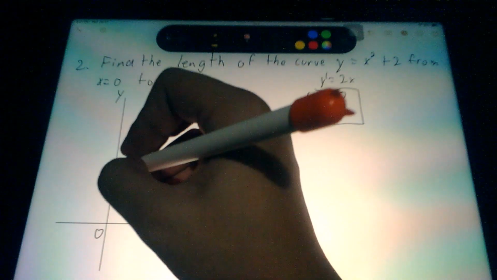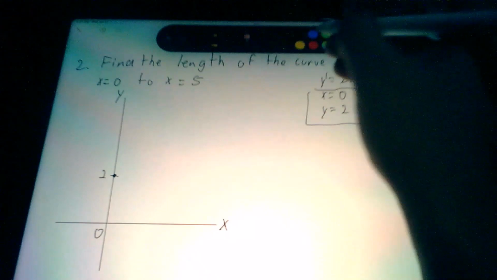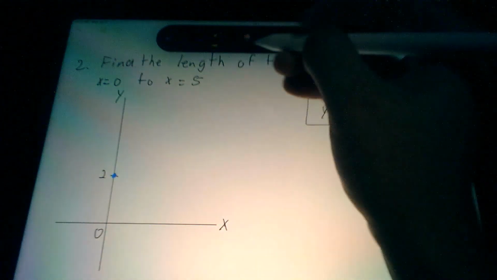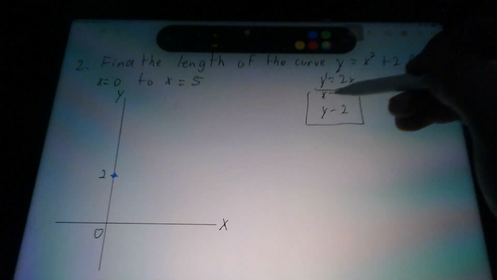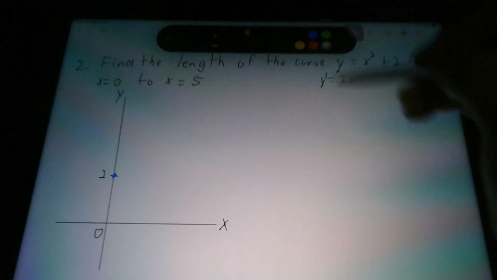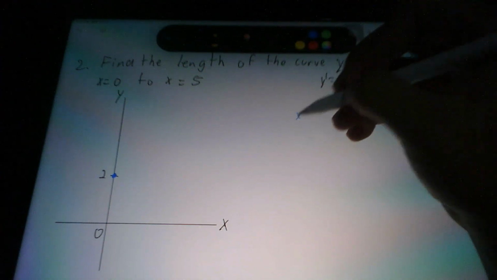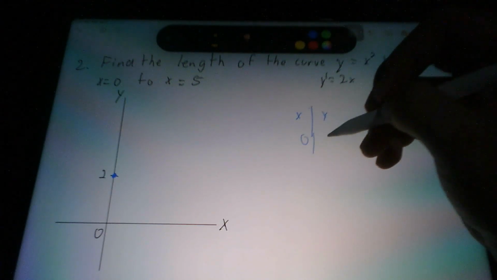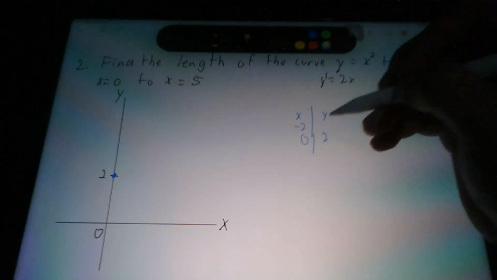So this is our vertex, (0, 2). Let's put our vertex here. Can you see it? This is our point of vertex. Now we need to find the other points. If x equals 0, y is 2. Let's say we have negative 2 and 2.